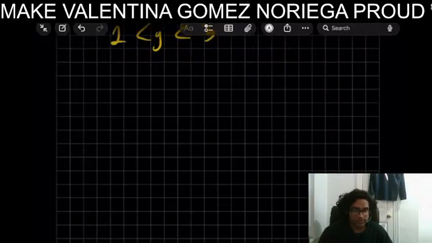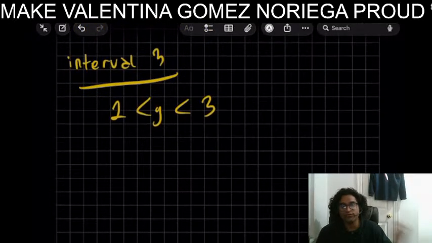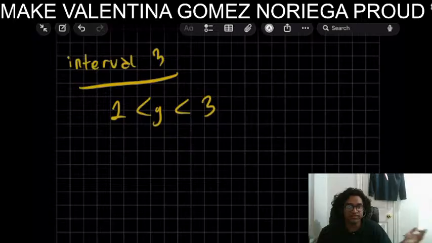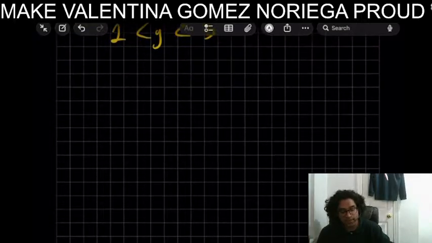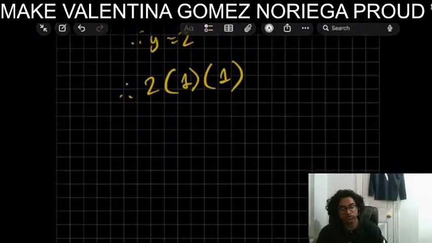Interval 3, for when 1 is less than y less than 3. Obviously, you're going to go for 2, because, I mean, you can go for 2.1, 2.2, 2.3, nobody's stopping you, but in general, common sense, you're going to go for 2. So if y is equal to 2, then I'm going to have y minus 1, 1, 3 minus 2, 1. So 1, 1, 2, 2.